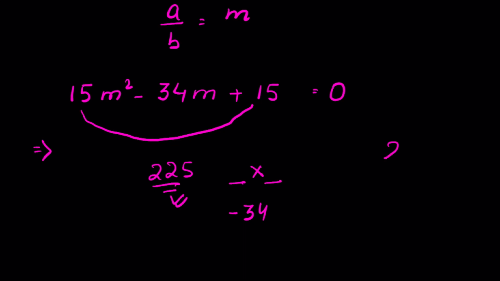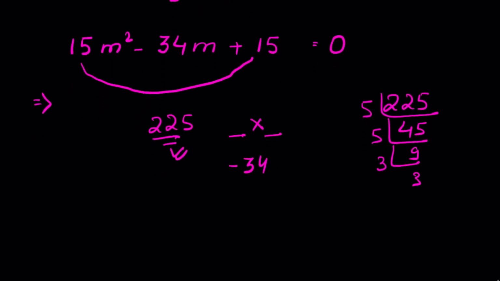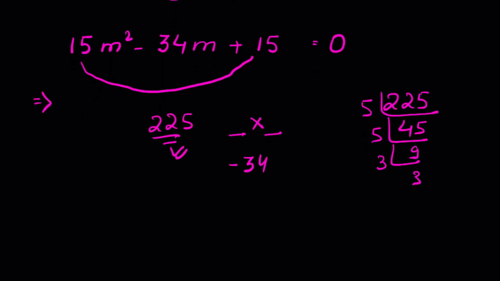So let's first factorize 225. 5 times 45 is 225. 5 times 9 is 45. 3 times 3 is 9. So the possible combinations are 15 times 15. 15 plus 15 will give you 30, or 5 times 5 is 25, and 3 times 3 is 9, or 25 times 3 is 75 times 3.